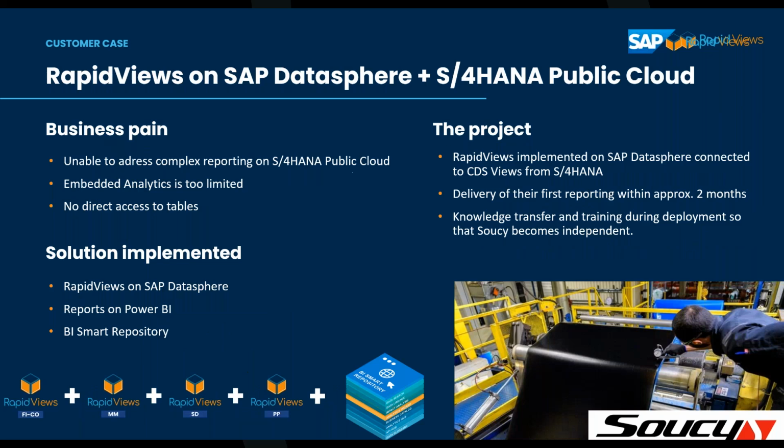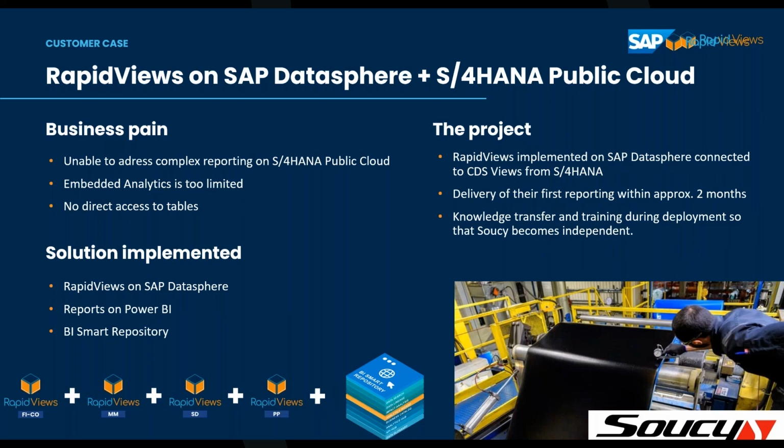Another one, Susi Group. Susi Group is a company in Canada. It was one of the first Canadian customers that bought S/4HANA Public Cloud. We helped them extract information from this S/4HANA Public Cloud system and export it to SAP Datasphere.